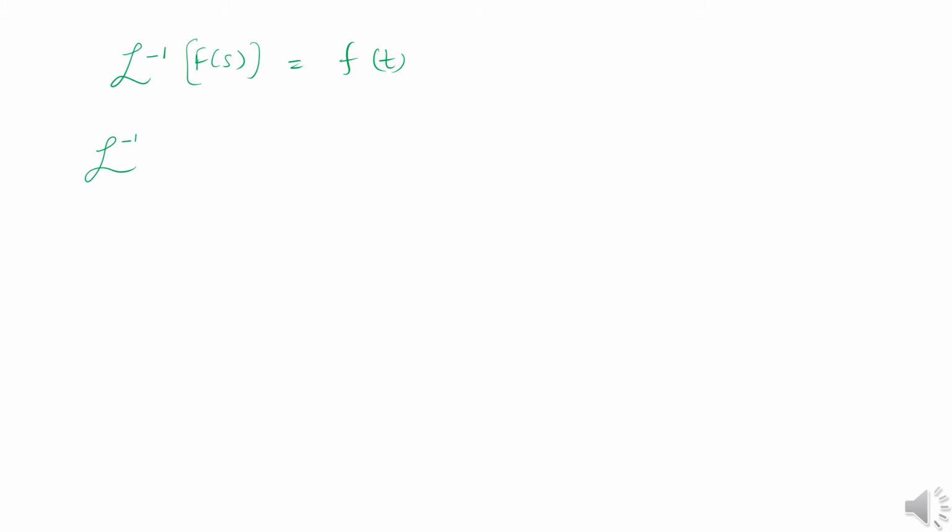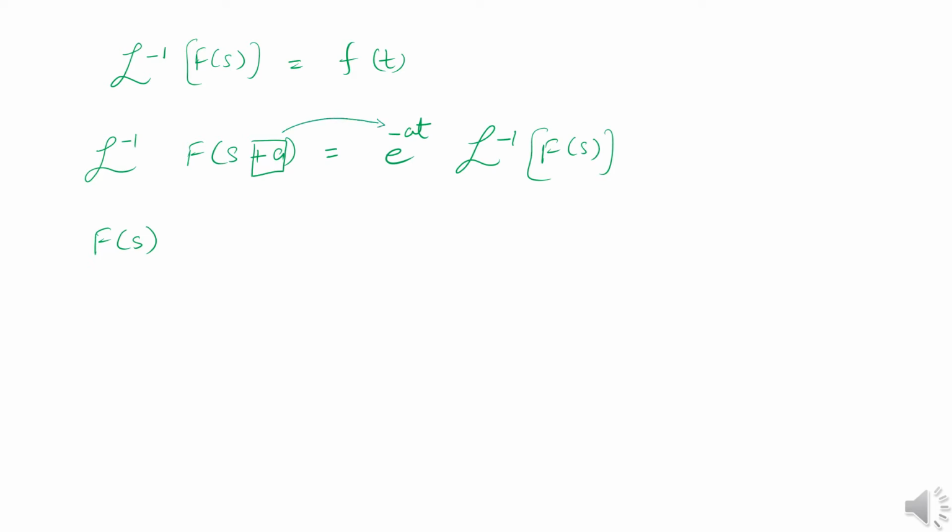The shifting property says that the Laplace inverse of F(s plus a) is equal to e raised to the power negative at times the Laplace inverse of F(s), where F(s) is what we are left with when we remove this a, and this a is shifted to the exponential.